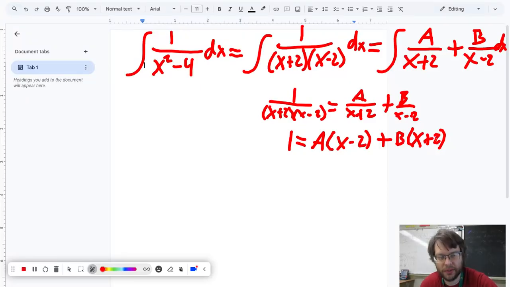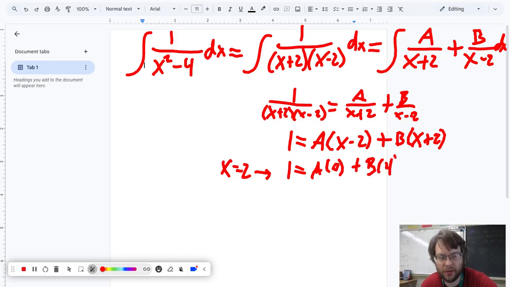Plugging in x equals 2 tells me that 1 equals A times 0 plus B times 4. In other words, B is 1/4.